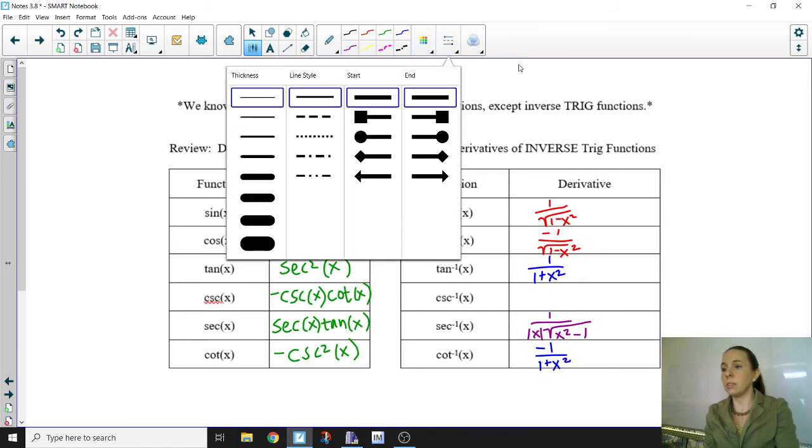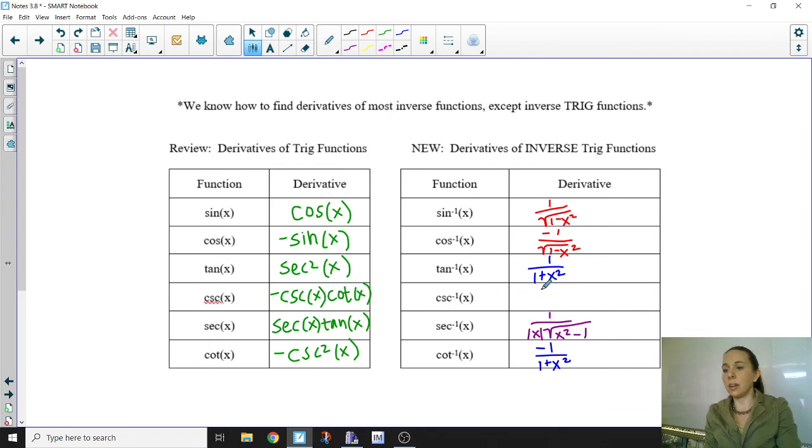Inverse cosecant of x is right here, and it's negative 1 over the absolute value of x times the square root of x squared minus 1. So if you know 3 of them, then technically you know the other 3, the cofunctions, because they are the same thing, only negative.